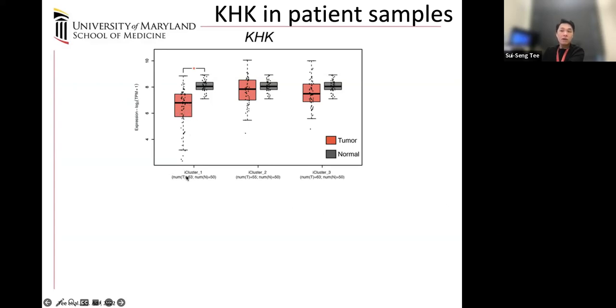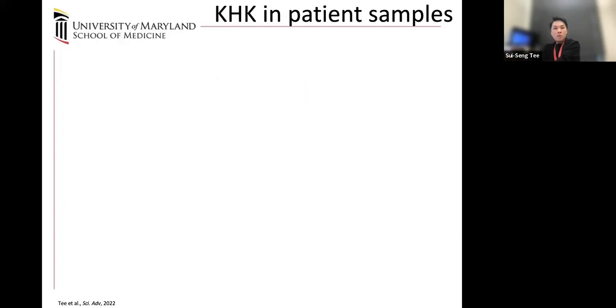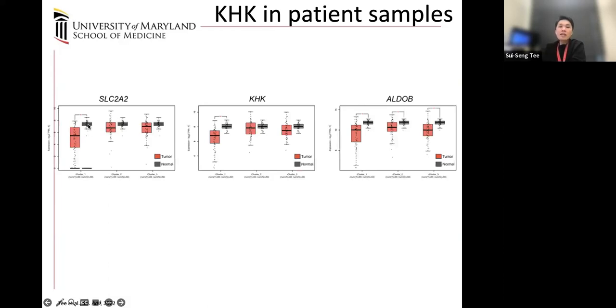Significantly, I cluster 1 patients perform less well; they have tumors that are more aggressive. Besides KHK, we also see that the transporter of fructose in the liver, GLUT2, SLC2A2, is also downregulated, as well as aldolase B, which is the enzyme downstream of KHK. Fructose 1-phosphate is cleaved into two 3-carbon molecules by aldolase, and this enzyme is also downregulated.